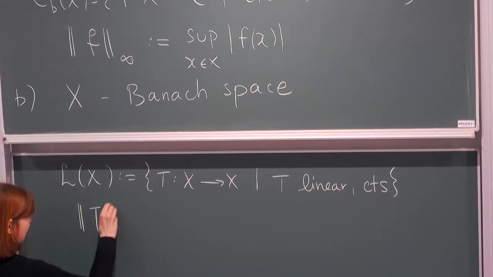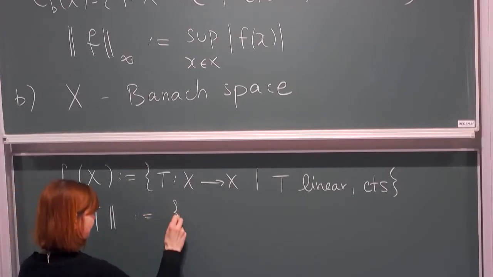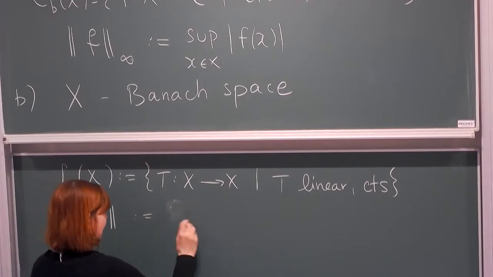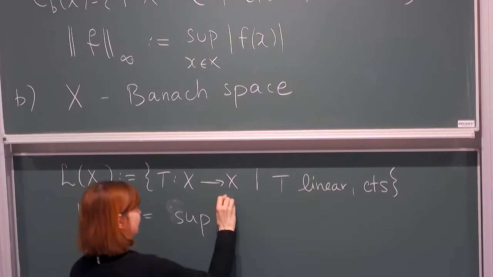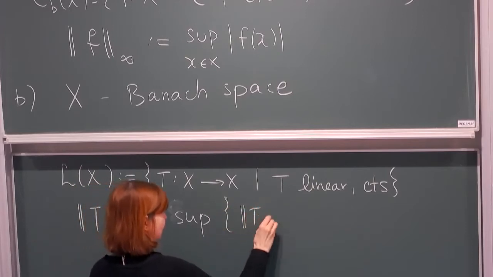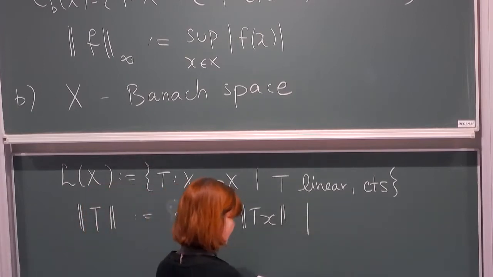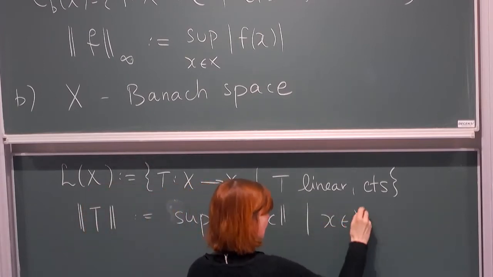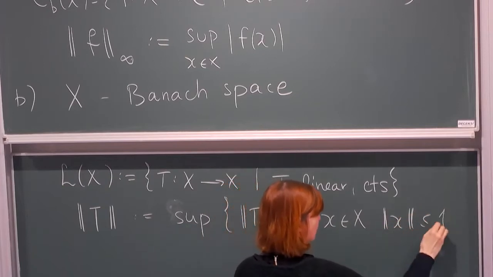This norm we'll see quite often in this course. That is just going to be the supremum of the norm of Tx, which is the norm in the Banach space, over all those elements x with norm at most 1.